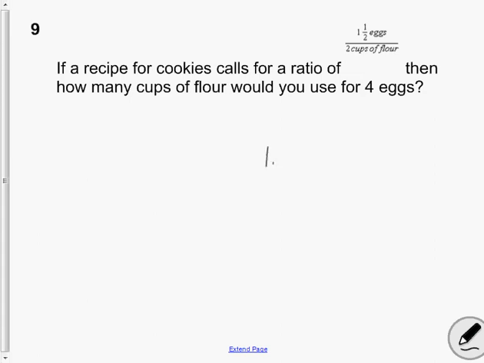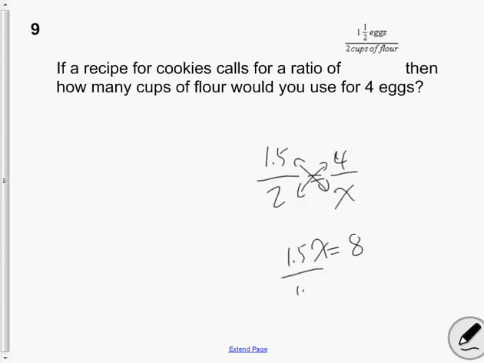So 1.5 to 2 is the ratio of eggs to flour. If I have 4 eggs, how many cups of flour do I need? 1.5x will equal 8 when you multiply across. Divide both by 1.5.